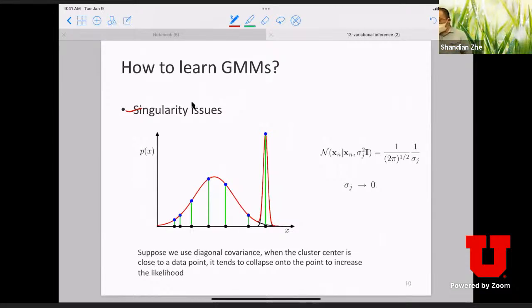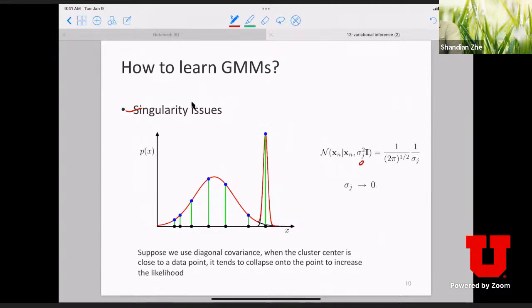How does it happen? Let's look at this example. Suppose we're just clustering one-dimensional points. Those are black points, and our covariance now becomes just the variance, which is just a scalar.